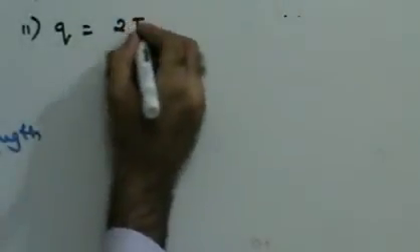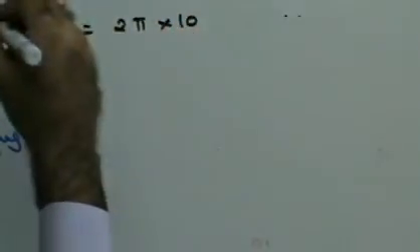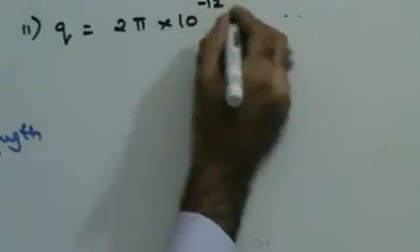A uniformly charged sphere carries a total charge of 2π into 10 raised to minus 12 coulombs.